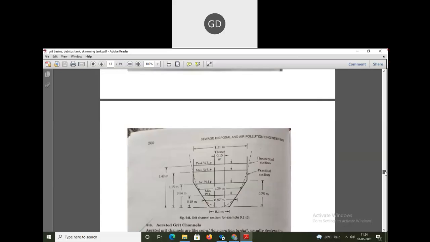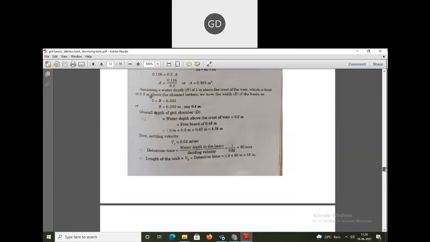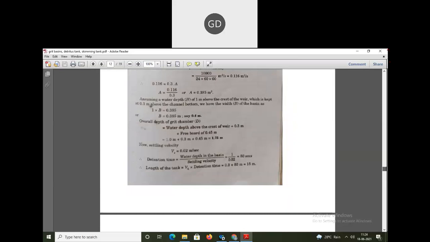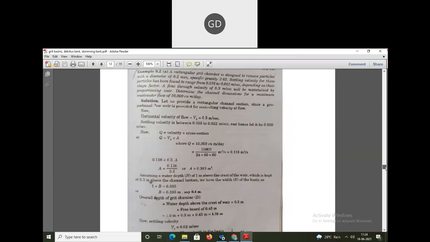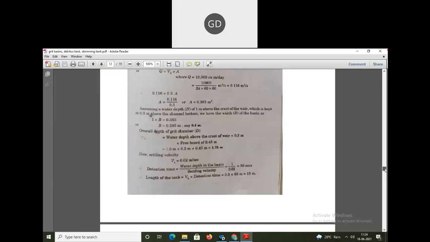So this is 9.2a. Finally they told us to find out the channel dimensions. So you got the width of the basin, the overall depth of the basin, and also the length of the basin. So that is finally numerically solved. Another tough one.